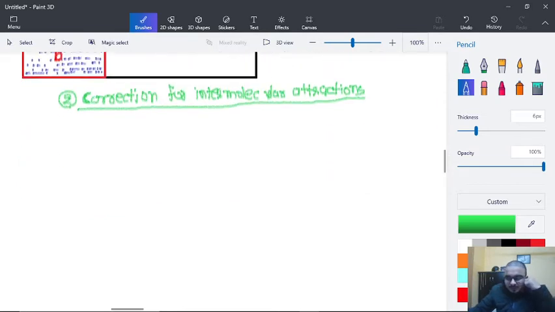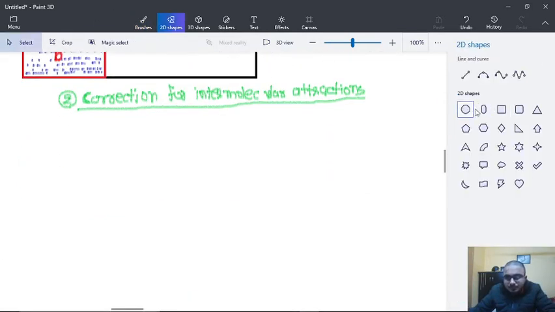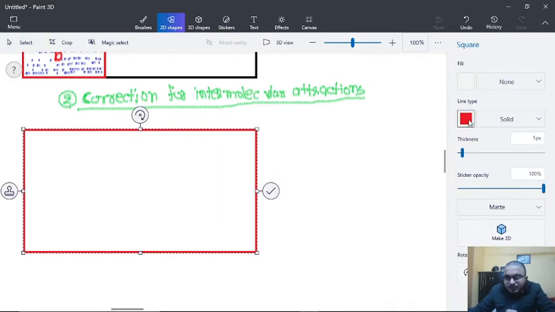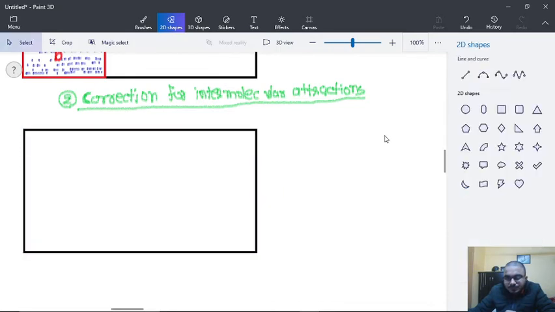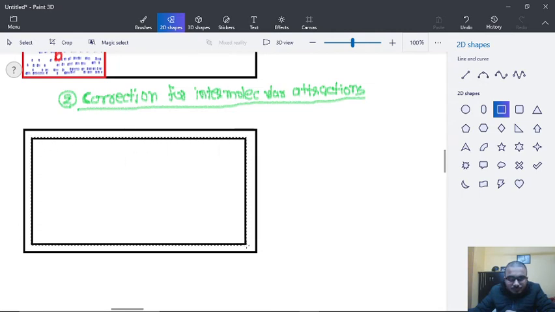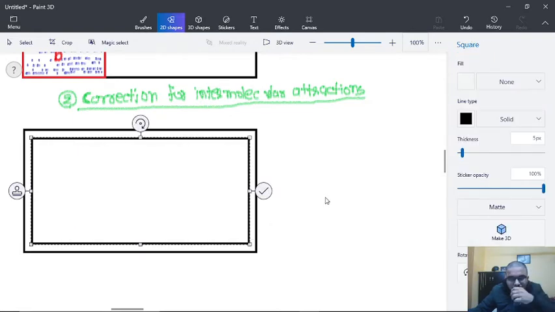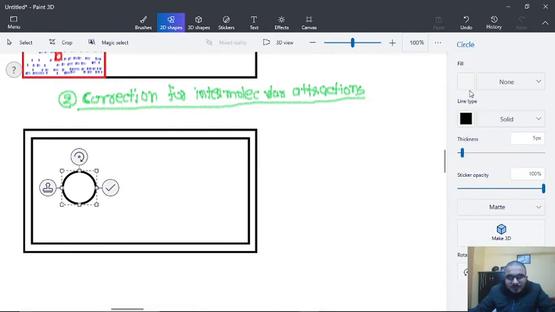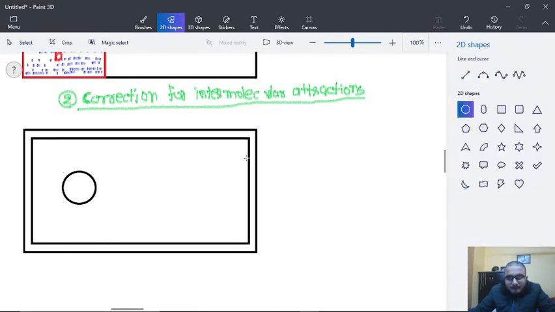So let's draw again another figure. And here, let's say that we are having a molecule like this, and another molecule is also there.